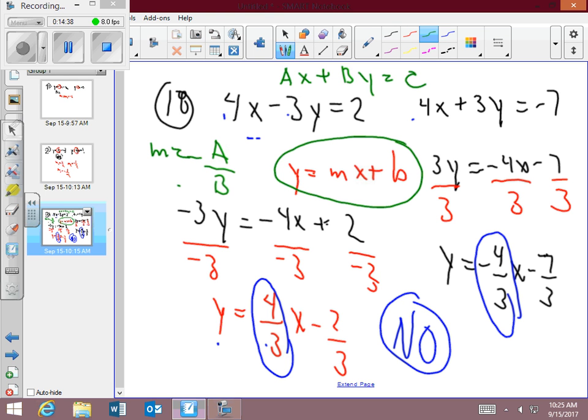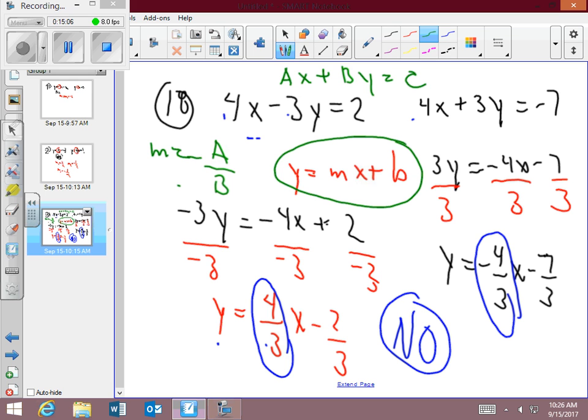Now, turn your page over and look at 32. You see that question? It says, if the graphs A1x, that is, A1 is the numerical coefficient of x, and B1y, so B1 is the numerical coefficient of y, equals C1, and A2x plus B2y equals C2 are parallel.